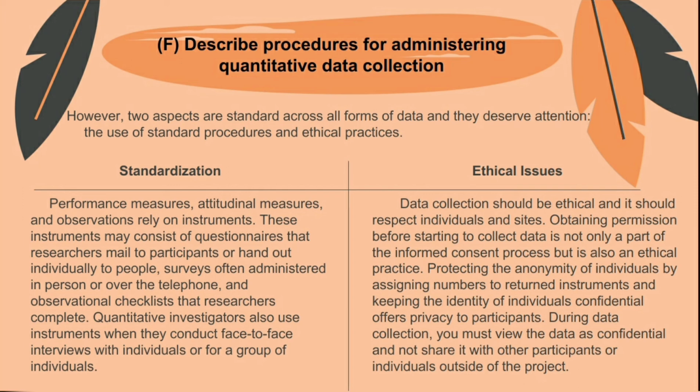Standardization: performance measures, attitudinal measures, and observations rely on instruments. These instruments may consist of questionnaires that researchers mail to participants or hand out individually to people, surveys often administered in person or over the telephone, and observational checklists that researchers complete.